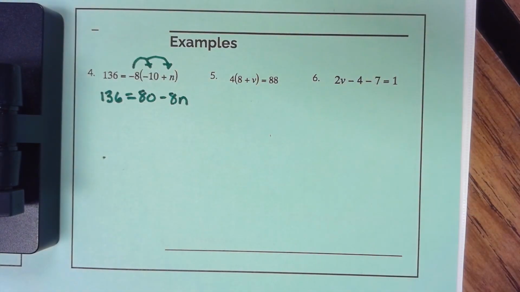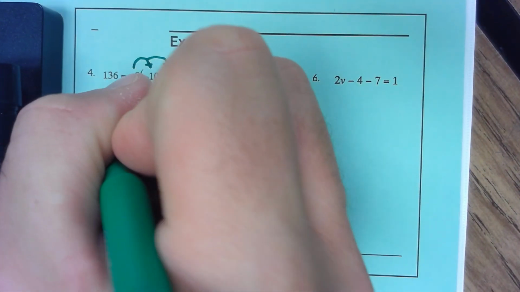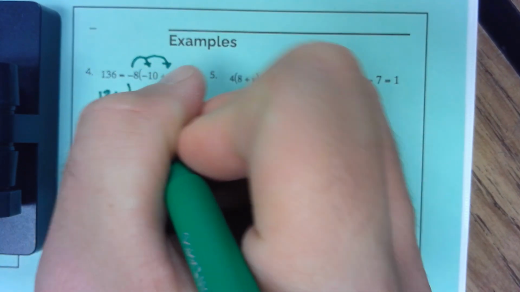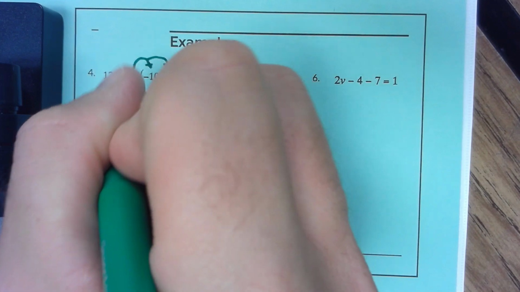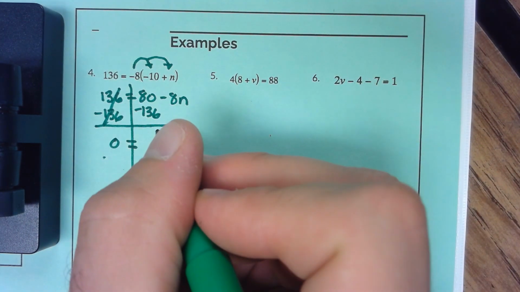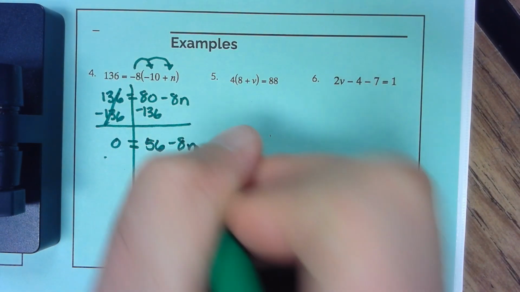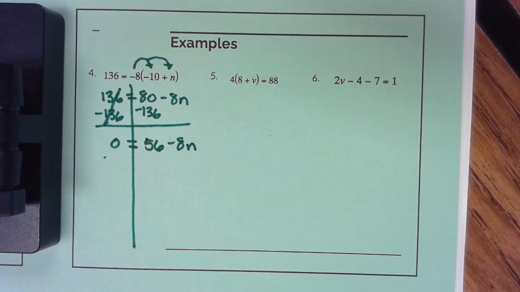There's nothing that I can simplify, so now I can go ahead and get my left side to be 0. So minus 136. Minus 136. 80 minus 136, is that 56? Minus 8n. And again, this is the work that I want to see for each step that we take.